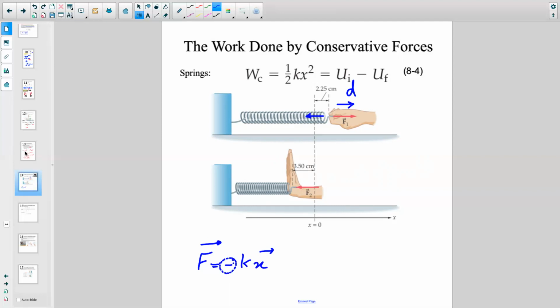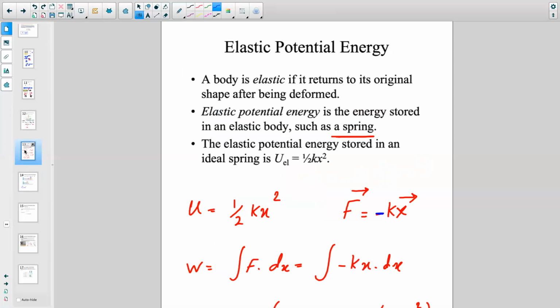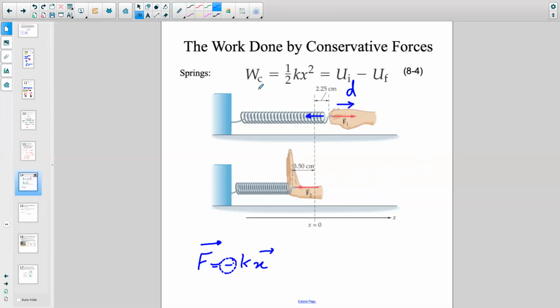So the work of the spring, the amount of it, is half kx squared, which is U initial minus U final, or negative delta U of the spring.